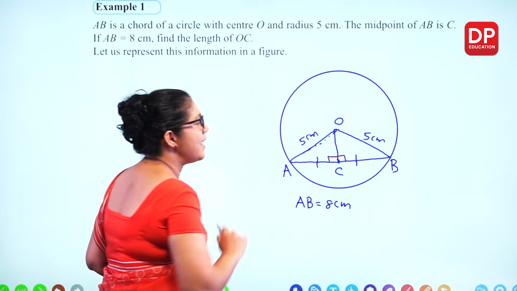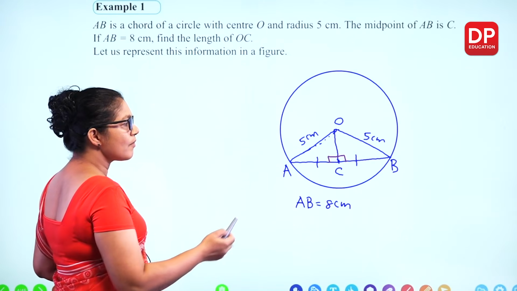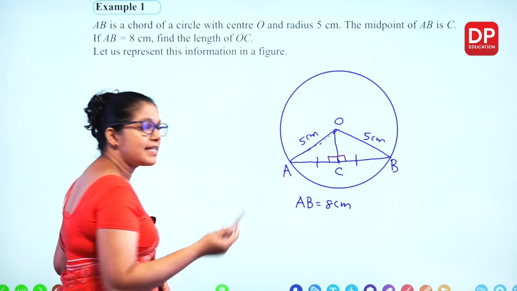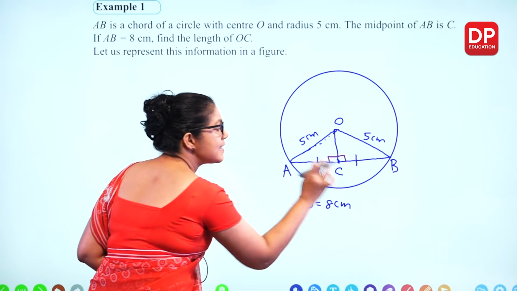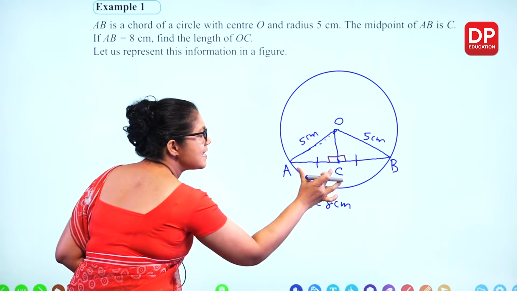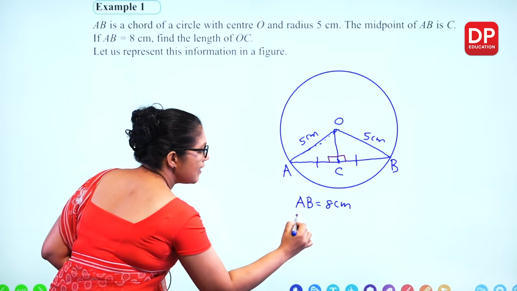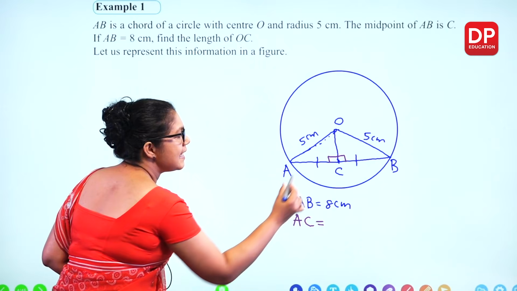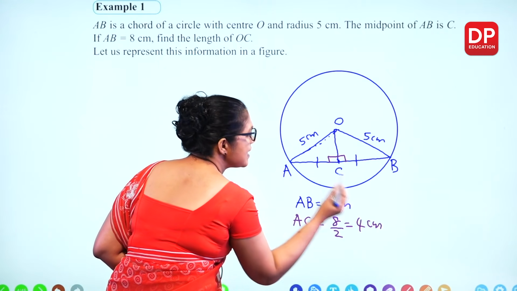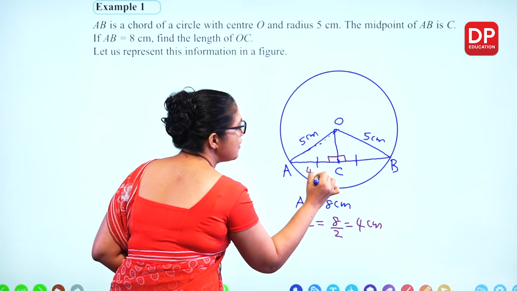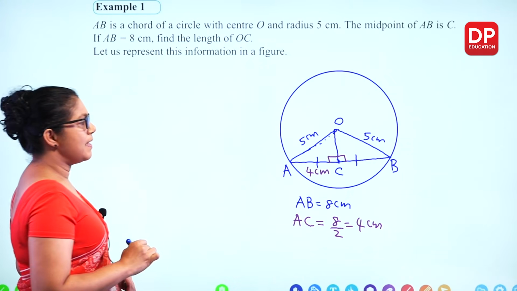If this is perpendicular, we get a right angle triangle. Also we know C is the midpoint. So what is the length of AC? We can straight away write AC length is 8 divided by 2, 4 centimeters. So we know this is 4 centimeters.